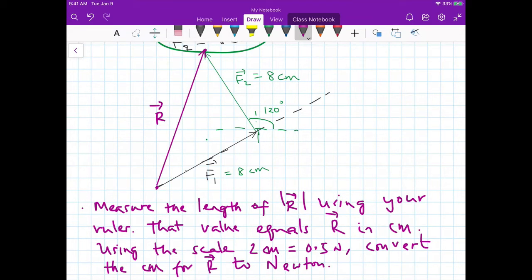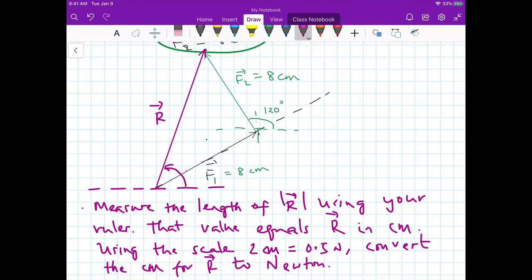But that only gives you the magnitude, and then you need to find the angle. You may say, how am I going to find the angle of the resultant? Of course you have your protractor. What did we say about the resultant of vectors? You measure the angle with respect to the positive x-axis in the counterclockwise direction.